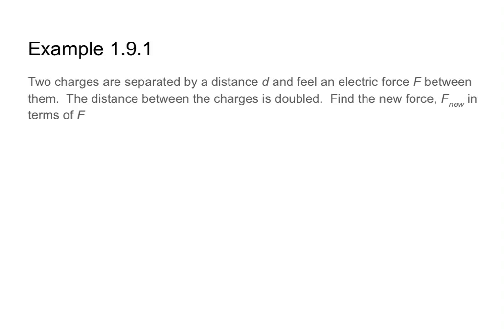So, two charges are separated by a distance d and feel an electric force F between them. The distance between the charges is doubled. Find the new force, F new, in terms of our initial force F. So I know that my electrostatic force in general, so I'm going to just call it Fe, is equal to kQ1Q2 over r squared, and that is going to be my equation.